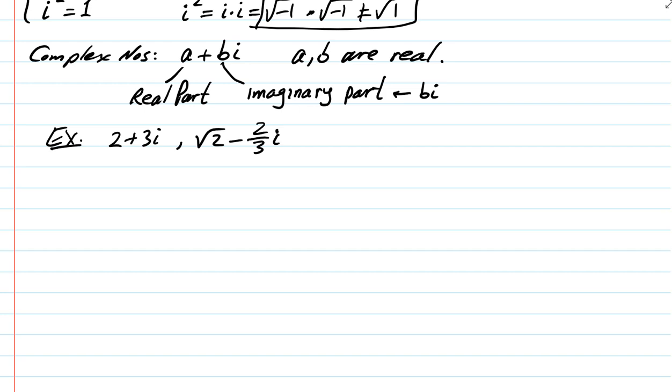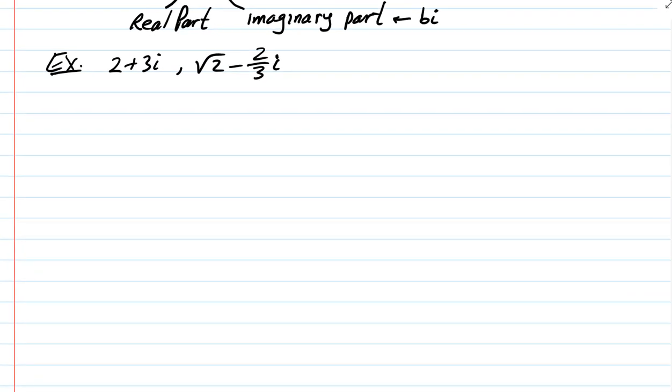Now, let me give you the structure of our number system now that we talked about this. If we think about our real number system, here we have real numbers. And we can break down real numbers into subsets, or subgroups here.